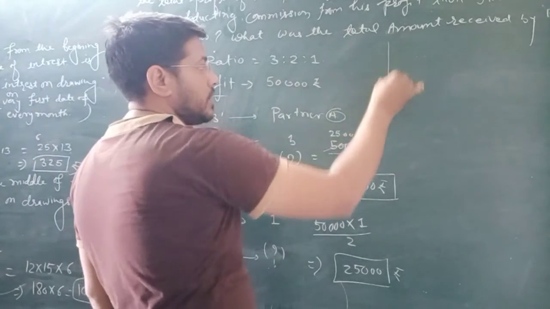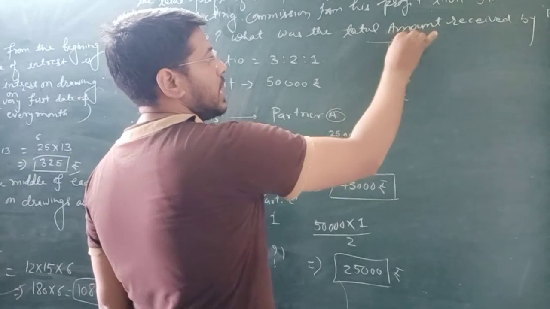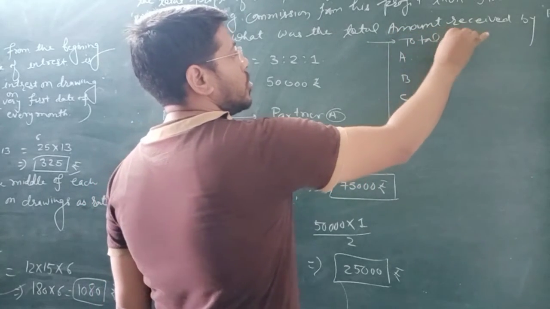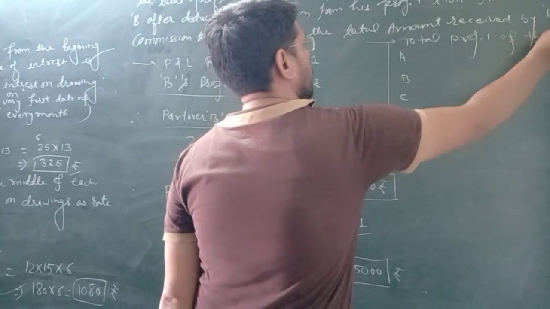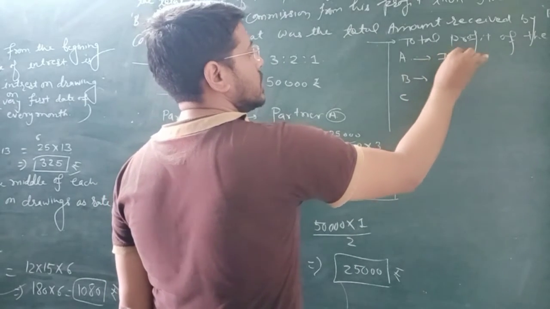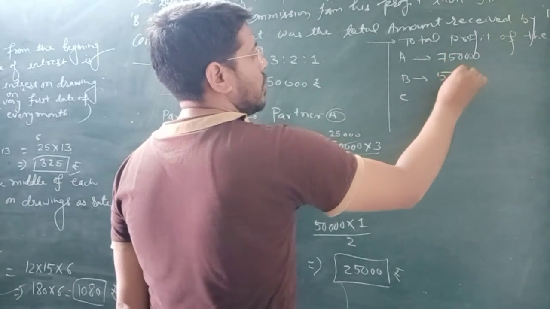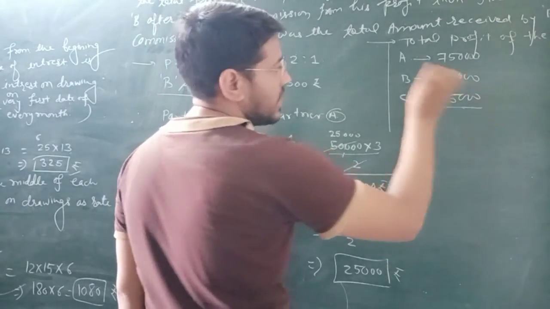Now write here A, B, C. The heading will be total profit of the firm. A gets 75,000, B already given 50,000 and C 25,000.